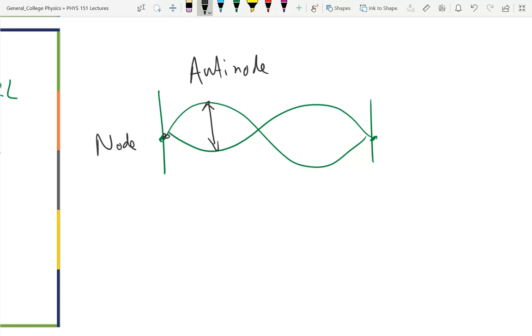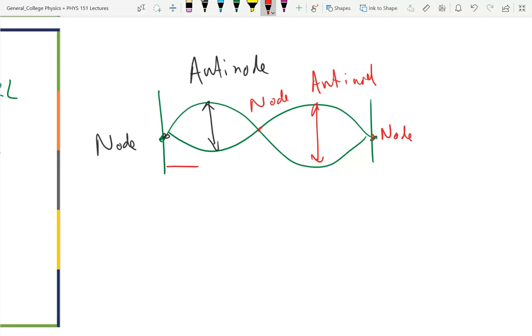On the center of the string here, it's going up and down a lot. And you can actually look at it and you can see it's moving a lot there. So that's the antinode where you have the maximum motion. What about this place here? We're back to a node again, another antinode, and finally a node at the end.